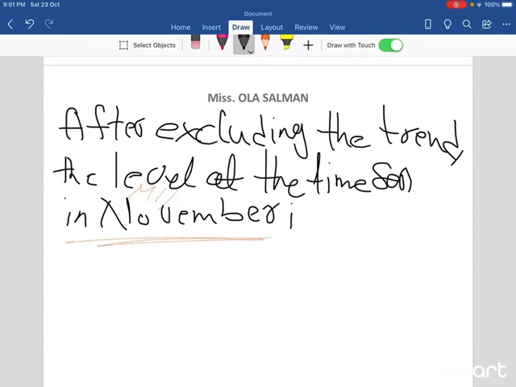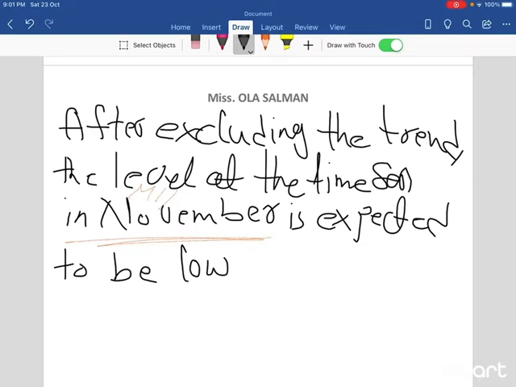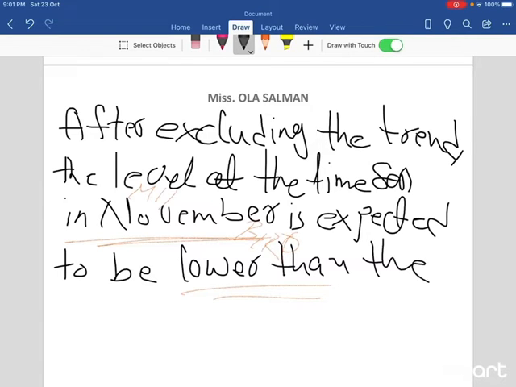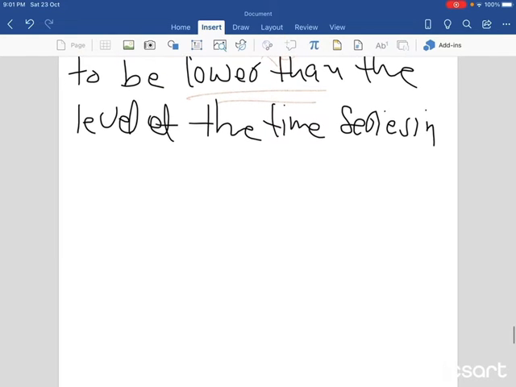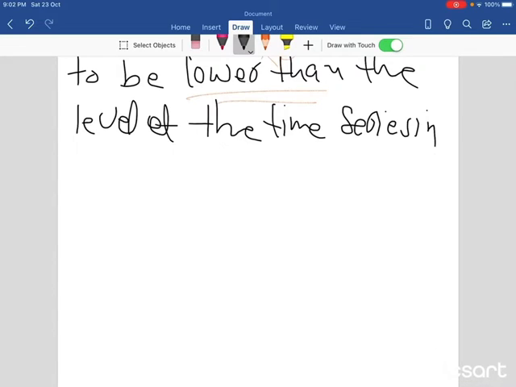Then it is expected to be lower than. Why do we write lower than? Because beta 11 is less than 0. Lower than the level of the time series in December.